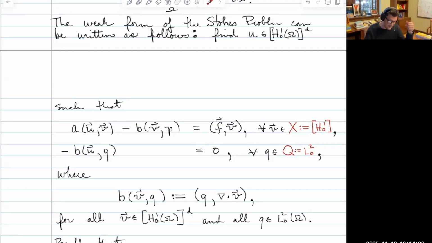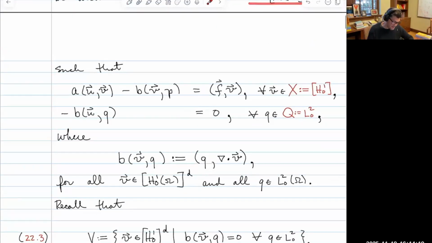Here, we're only asking for a function which is weakly differentiable and only up to first order. So we're eliminating a lot of unnecessary stuff. There's a missing arrow over that. We're looking for u in this space that satisfies this problem.